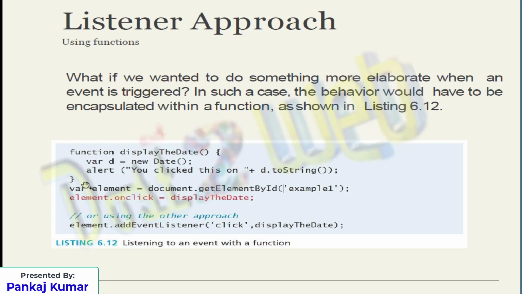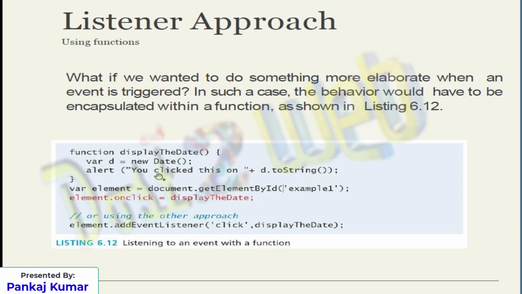Now if you have a function, how can you do that? The same way you can use a function, some function name. Create a variable, and I am going to define it as a date method. You are going to print this alert: you clicked on which date, that means d.toString. So the date will be converted into a string. Now you have to display this date, right? Then what are you going to do?